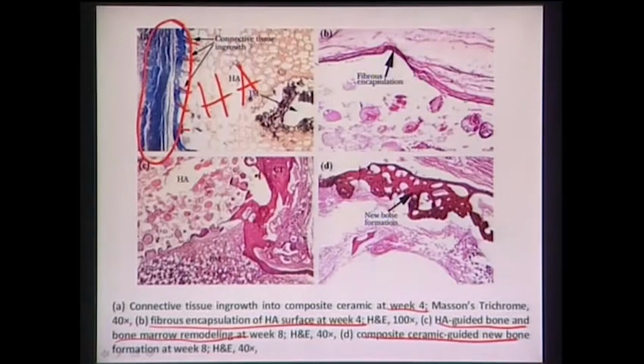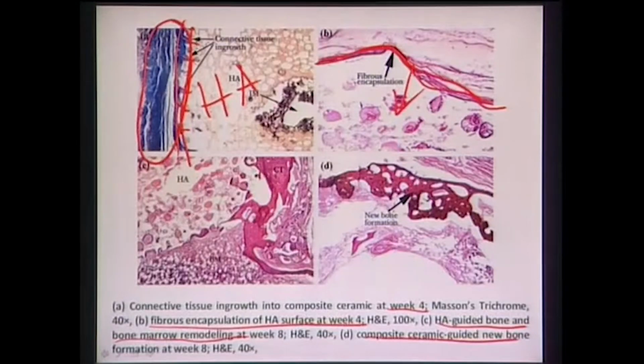Now fibrous encapsulation means, as I said, that if a material is in vivo biocompatible, around the material there will be a fibrous tissue, and this fibrous tissue will be formed and encapsulate the material from the surrounding natural tissue or bone. The third one is hydroxyapatite bone growth.